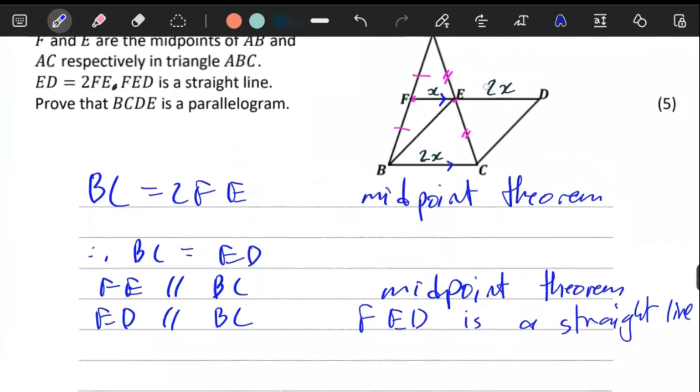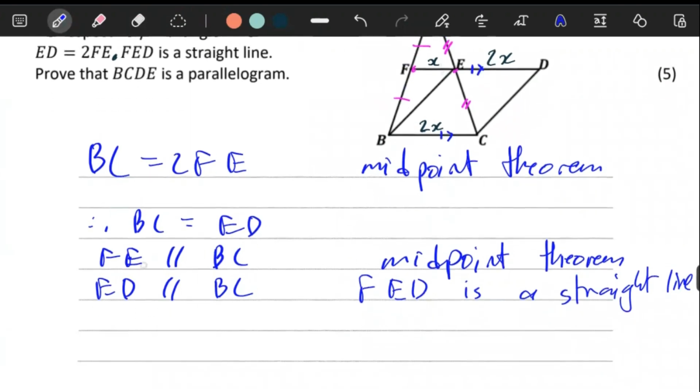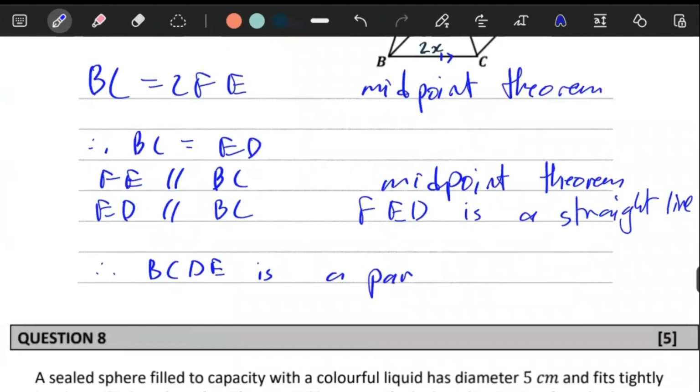So since you've proven that the opposite sides are parallel and you've proven that the opposite sides are also equal, it means that you can now state that therefore your shape BCDE is a parallelogram.